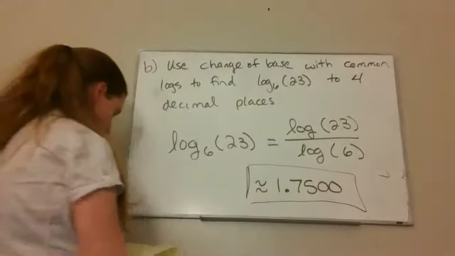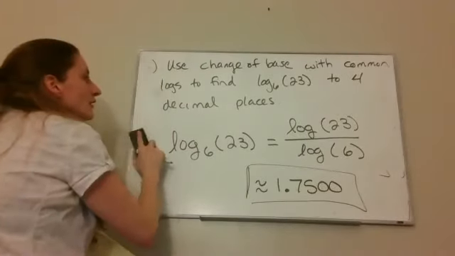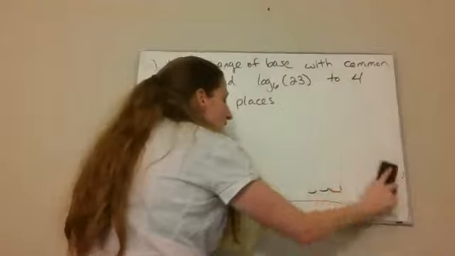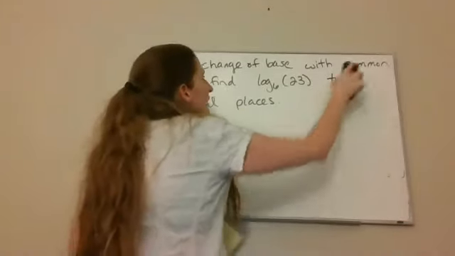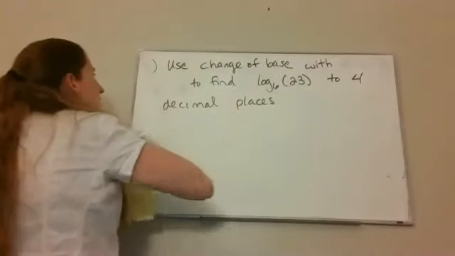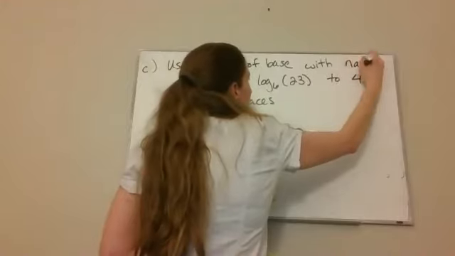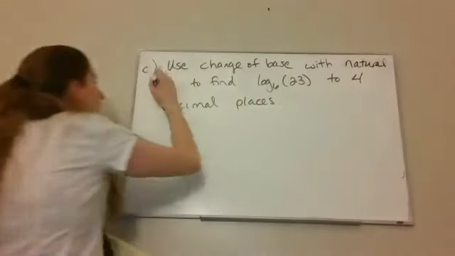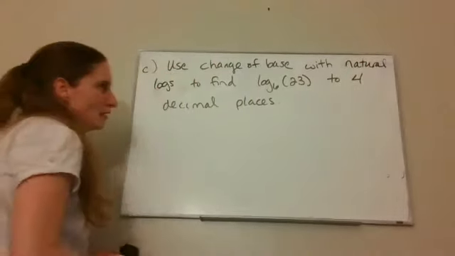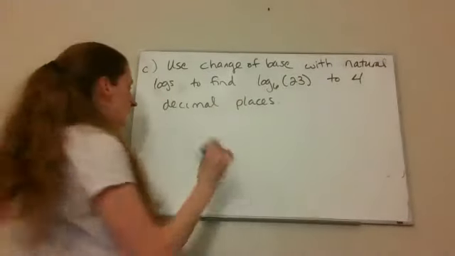And now what's pretty cool is for part C, we're going to do the same exact thing, except we're not going to use the common log. We're going to use the change of base formula with natural logs to find log base 6 of 23 to 4 decimal places.